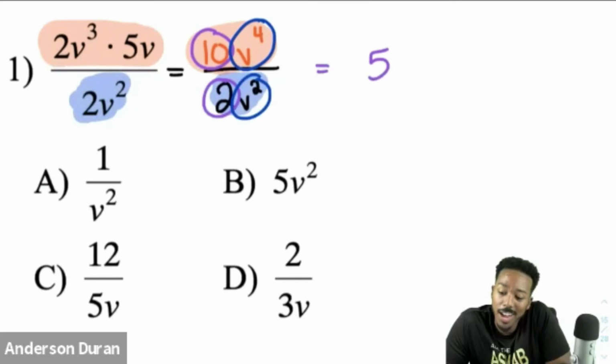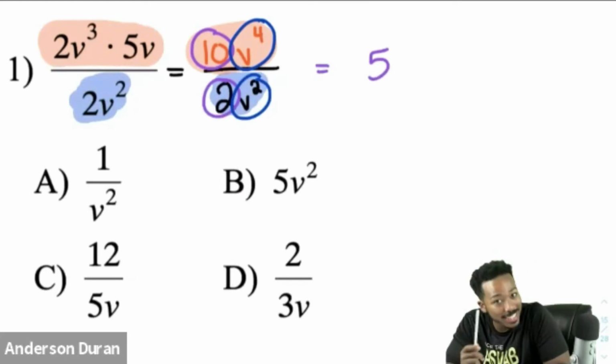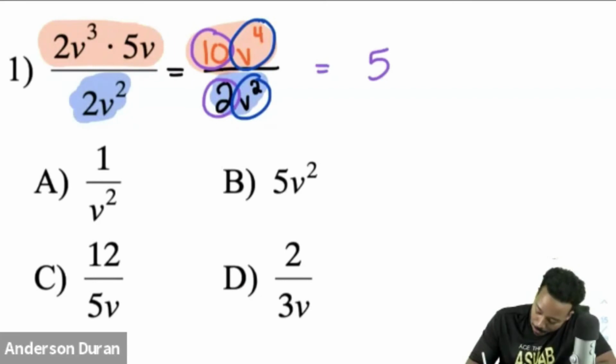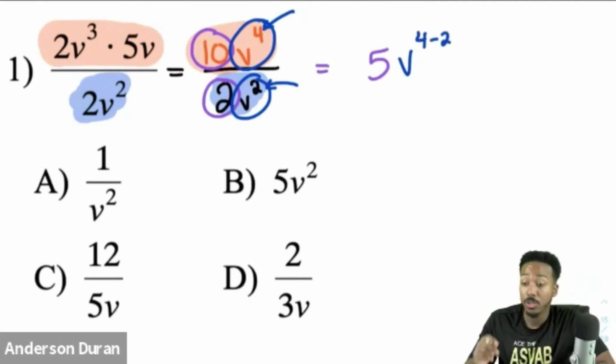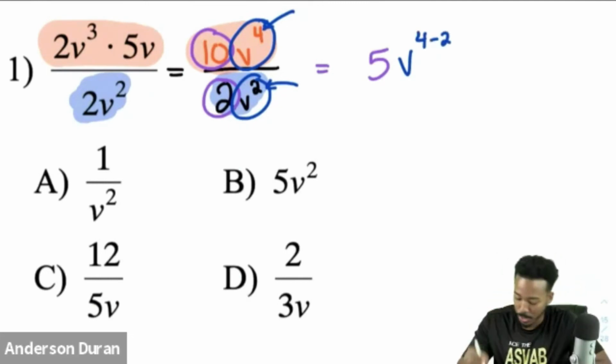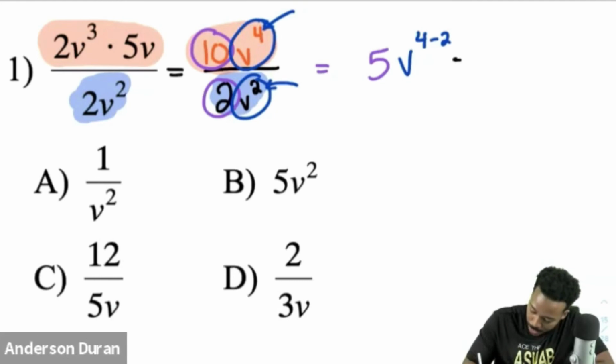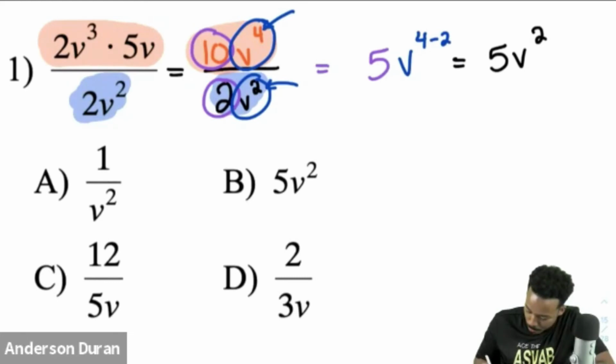Subtract. We're going to be subtracting those exponents. So we're going to have V to the power of 4 minus 2. You subtract the exponents. And so officially, that's going to give you 5V squared. And that is answer B.